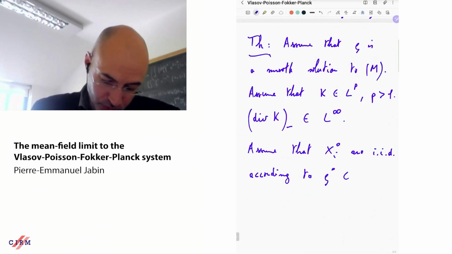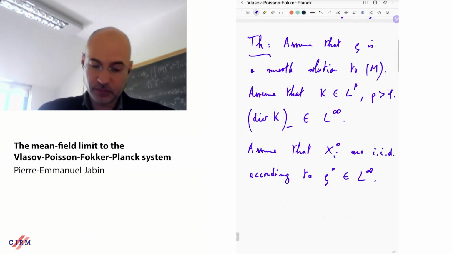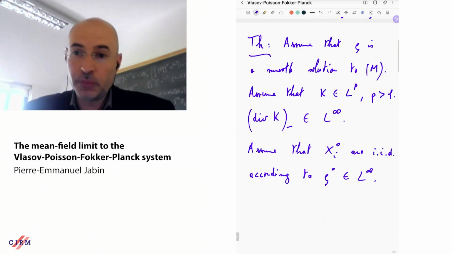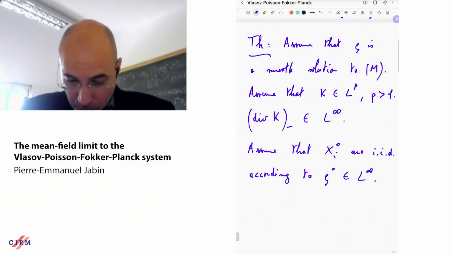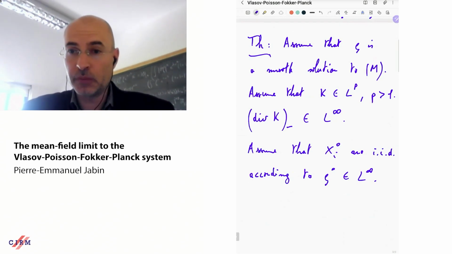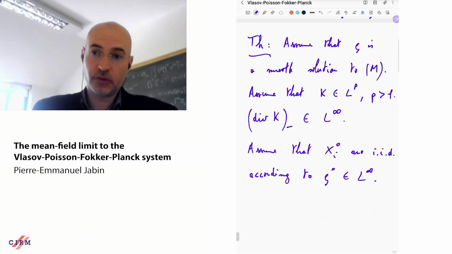Right, and again, rho 0 is something that is bounded. Then you have a mean field limit. And you have a mean field limit in the sense that any marginal of the system is going to converge at least weak star to the corresponding tensorized version.